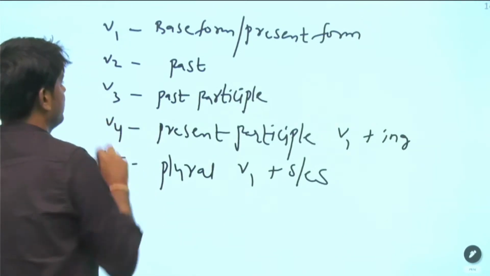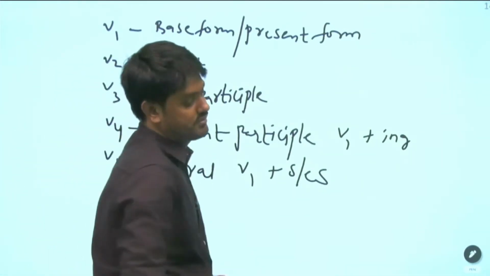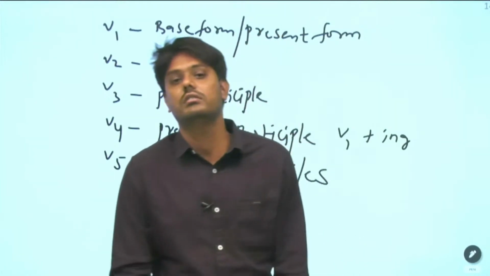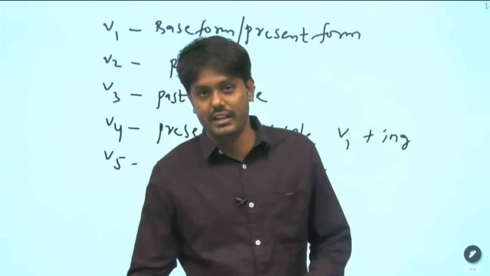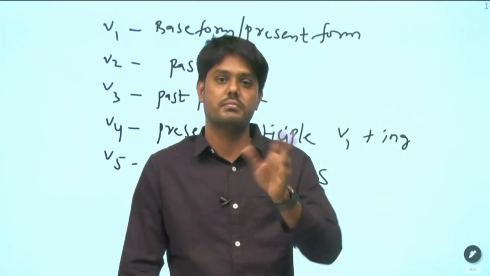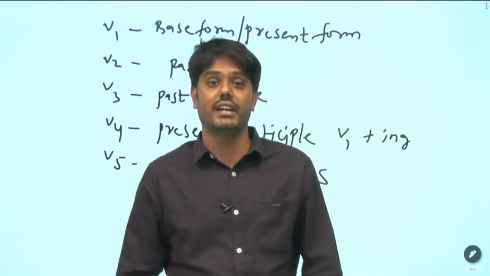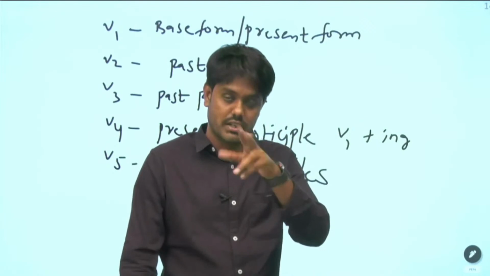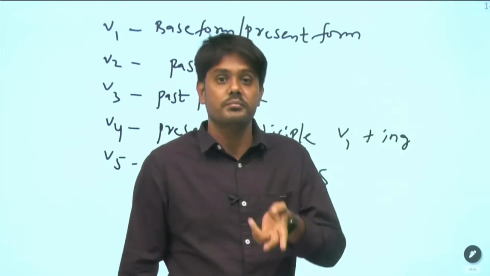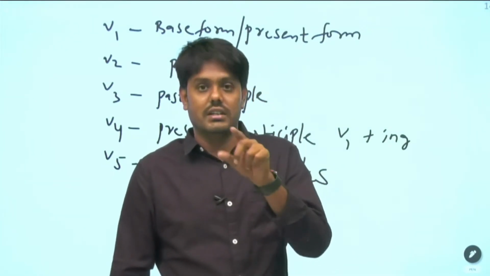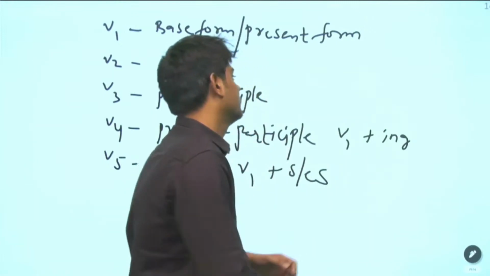In verbs, we already know that we have regular verbs and irregular verbs. What is the difference between them? Regular verbs are those where V2 and V3 have the same verb form, generally ending with ed.